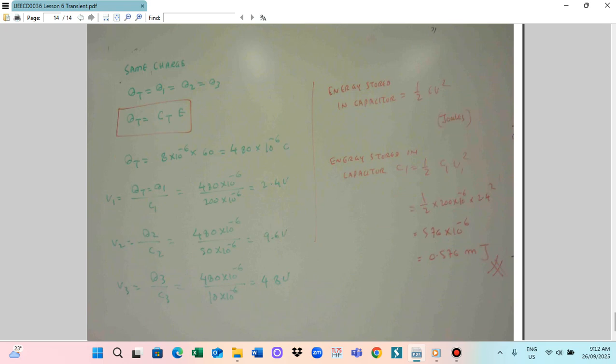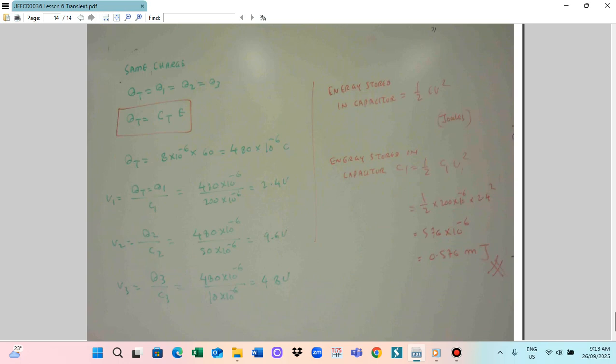So then we can calculate. Half multiplied by C1, capital C1 is 200 microfarad, 200 into 10 power minus 6, multiplied by voltage V1, which is 2.4, squared. This is the way you can calculate the energy stored.